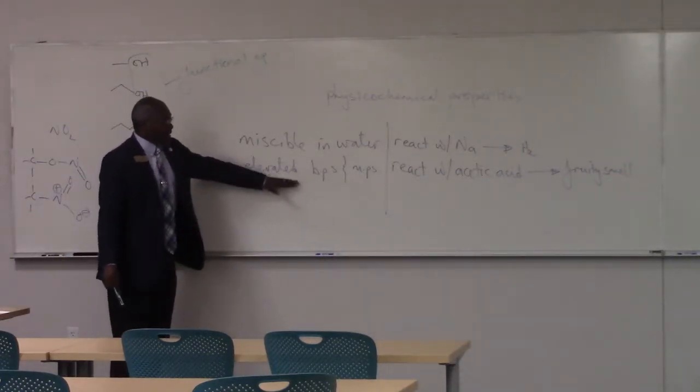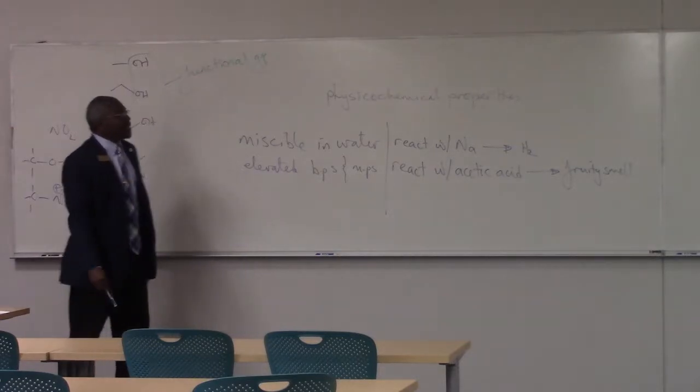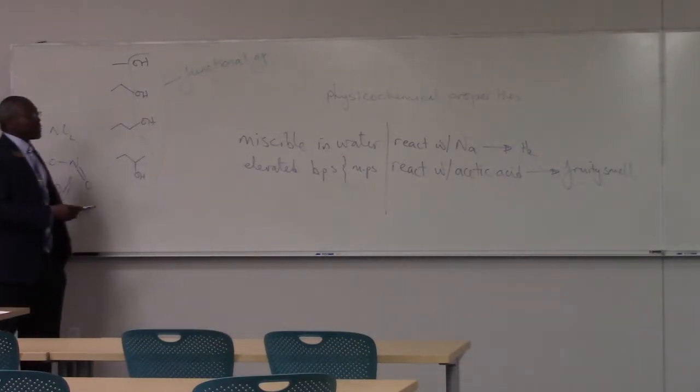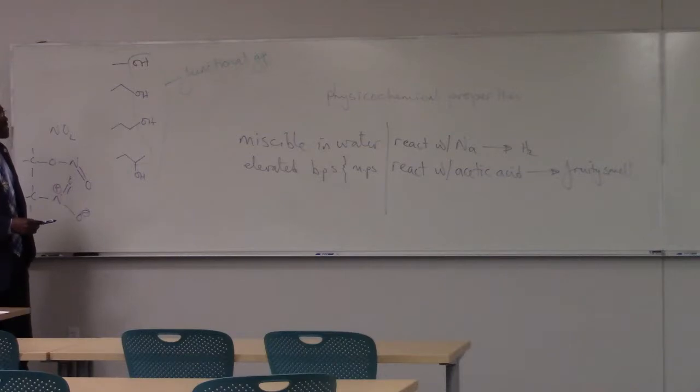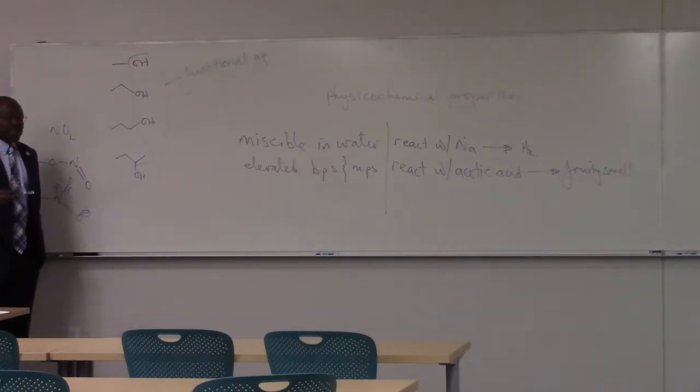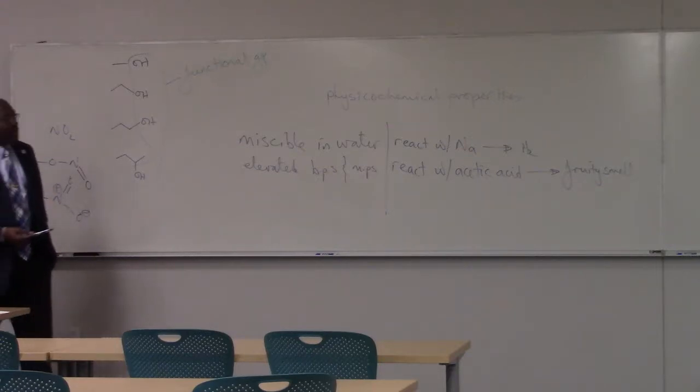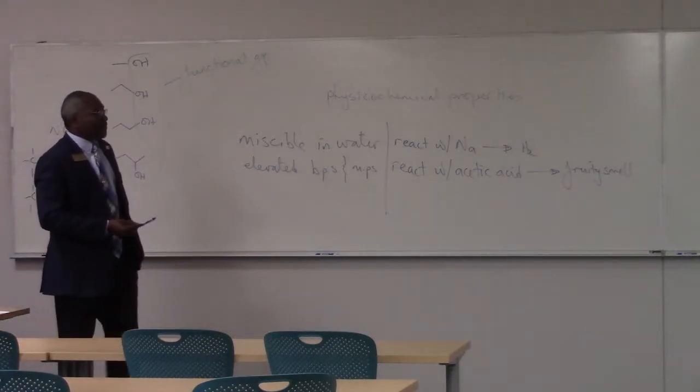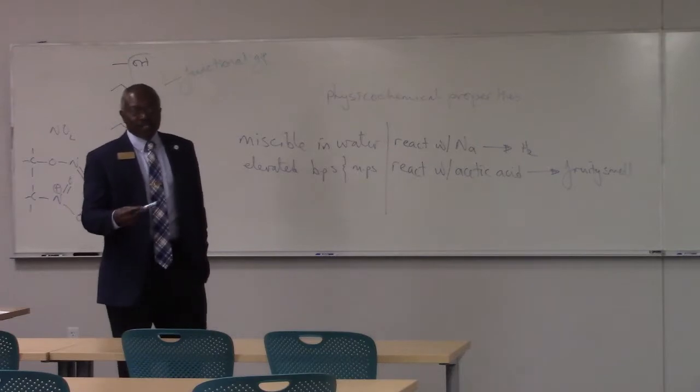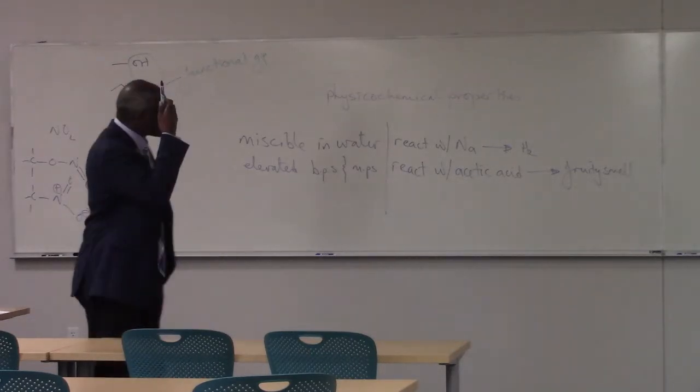They would tend to have elevated melting points and boiling points. They would all react with sodium to form hydrogen gas, and they would all react with what we call carboxylic acids. Acetic acid is one, to give compounds called esters. And all esters have fruity smells.